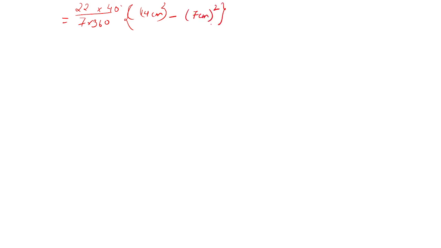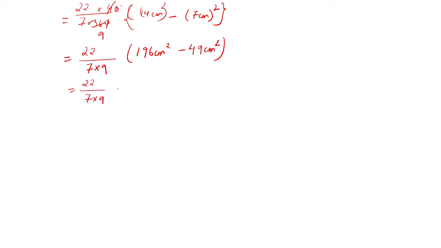So you can just cancel, 400 cancels, 4 into 9, so 22 by 7 into 9. 14 square is 196 centimeters square, and this is going to be 49 centimeters square. So you'll be left with 22 by 7 into 9 into 147.